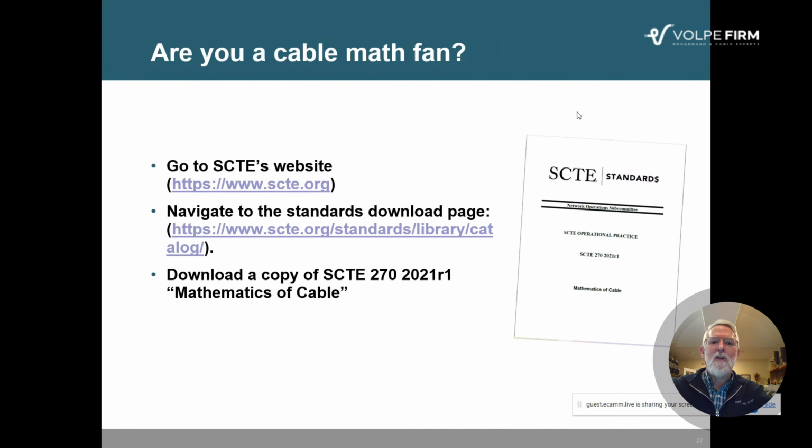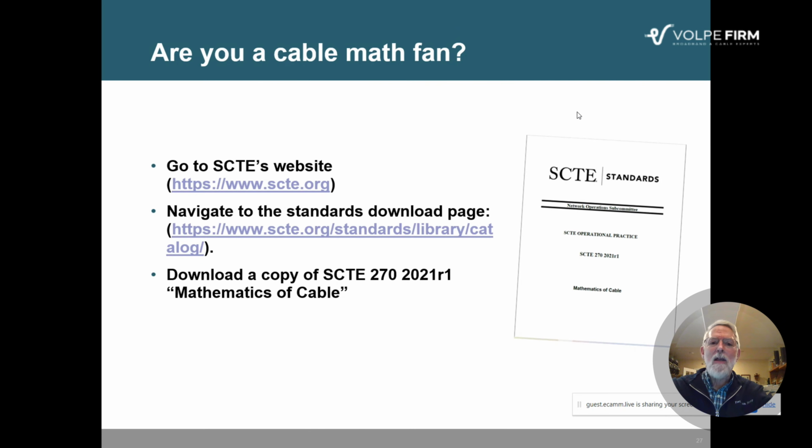There are mathematical formulas and examples of how to use them for just about every formula or situation you can think of in cable. And the appendices have some essays that do a deep dive on some of the topics. But most everything that you could need is covered in this document. It's a great reference to have, even if you're not going to read it all. I think most people would use it as a reference to say, what's the formula for carrier to noise ratio?